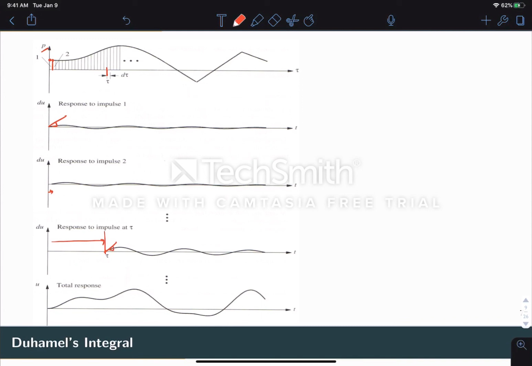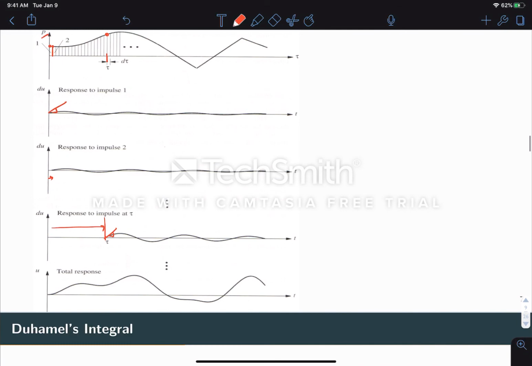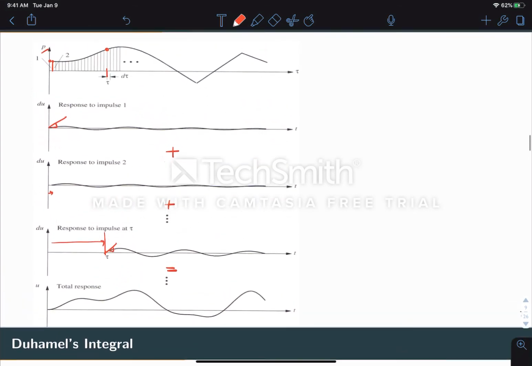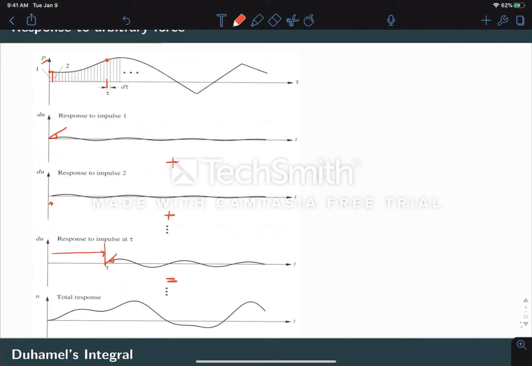So you can see that as the force gets bigger, as is the case here, the slope gets larger in the impulse response. Then we simply take all these impulse responses and sum them together to get the total response. And unsurprisingly, the total response somewhat follows the shape of the loading pattern, but it oscillates around that pattern.